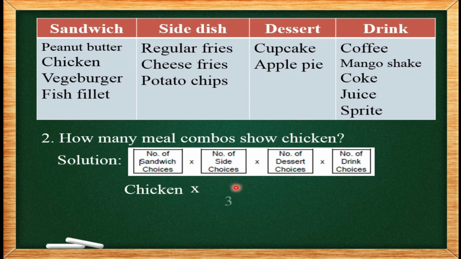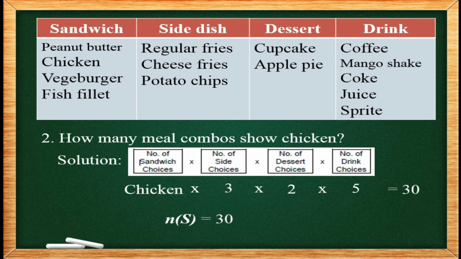Times the number of side choices, you have 1, 2, 3. Times the number of dessert choices, you have 2. Times the number of drink choices, where you have 5. Multiplying 1 times 3 times 2 times 5, that is equal to 30. Therefore, N of S is equal to 30. So if your sandwich is already identified, you simply count this off as 1. 1 times 3 times 2 times 5.